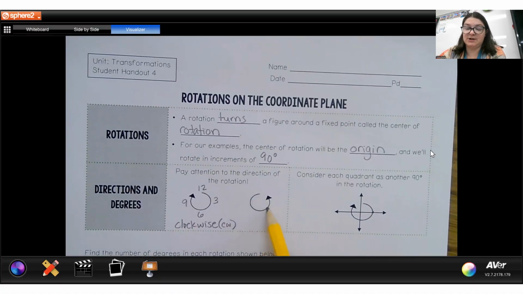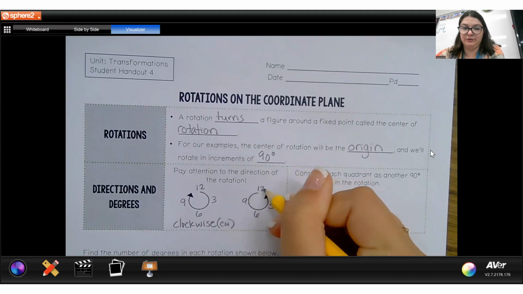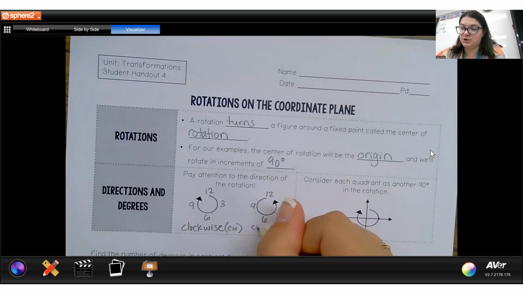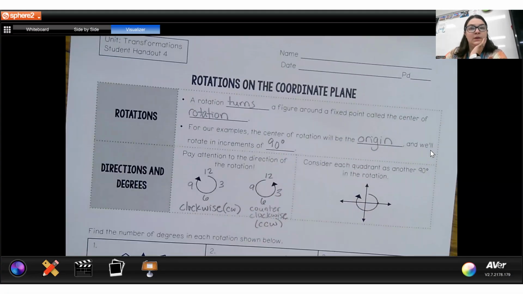The opposite direction, going around the other way, clocks do not go from 12 to 9 to 6 to 3, so this is called counterclockwise, or CCW. So when we want to pay attention to a rotation, we're going to say whether it's going clockwise or counterclockwise.